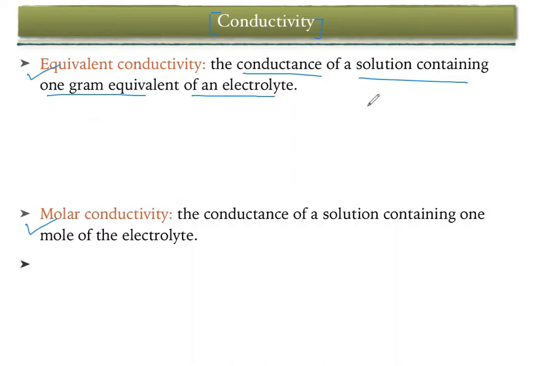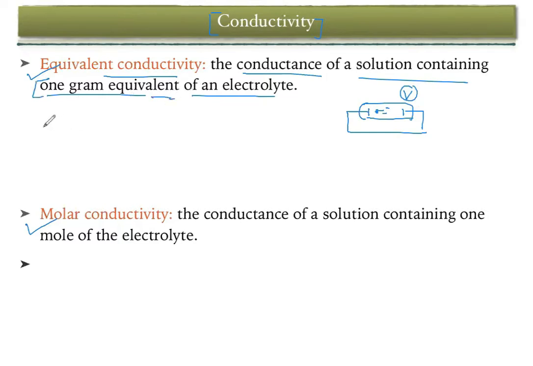The electrolyte is placed in a container of volume V. The ions present in the container are going to move, right? So the equivalent conductivity is the conductance produced by this solution where the volume is V and the solution contains 1 gram equivalent.